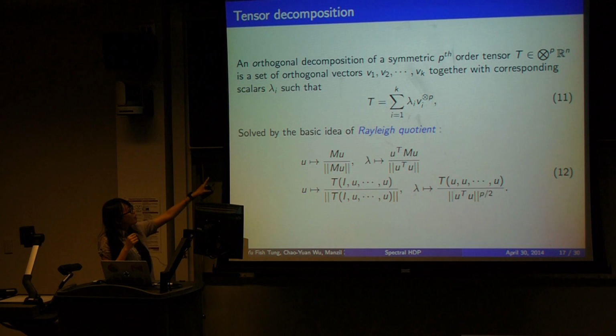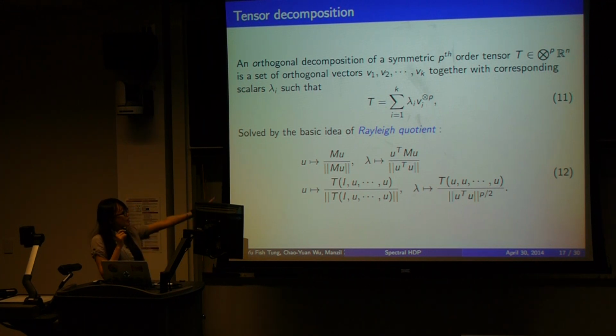So we will solve this by the basic idea of Rayleigh quotients. In the matrix case, we will arbitrarily generate a random eigenvector. We assume that this is our eigenvector.